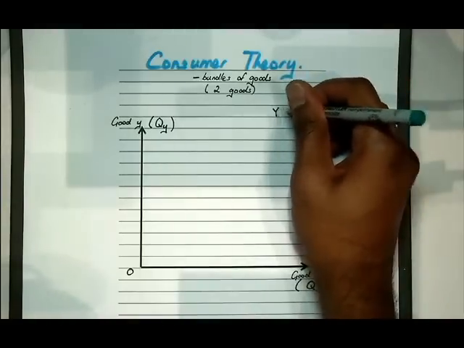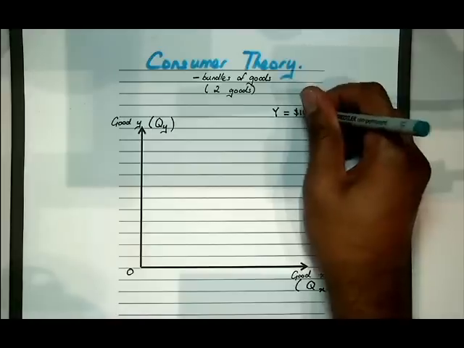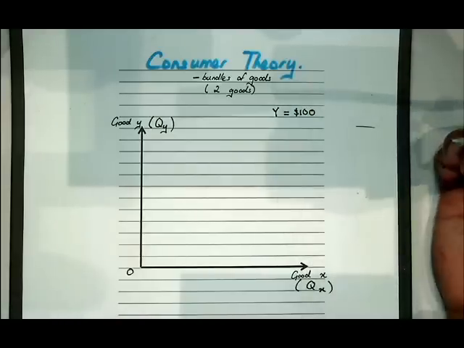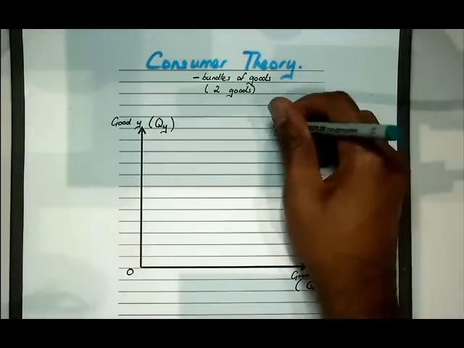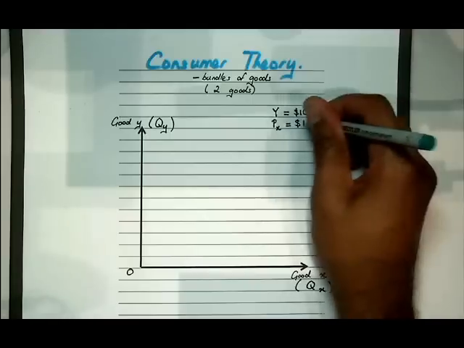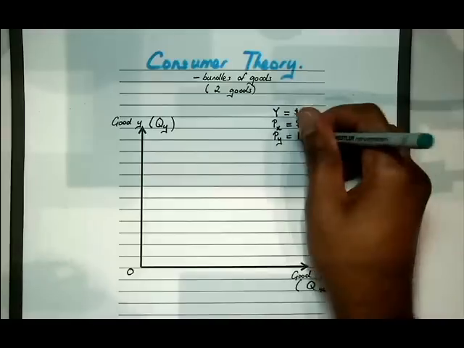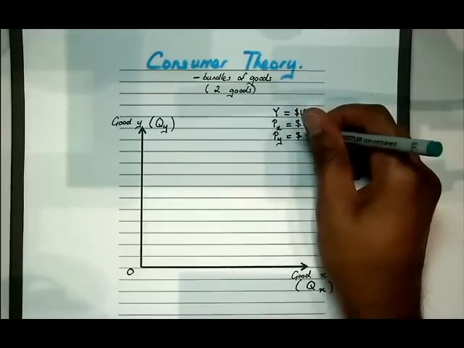We have a given income. Let's say a consumer has $100 of income. The price of good X, let's say, is $10. The price of good Y, let's say, is $5.